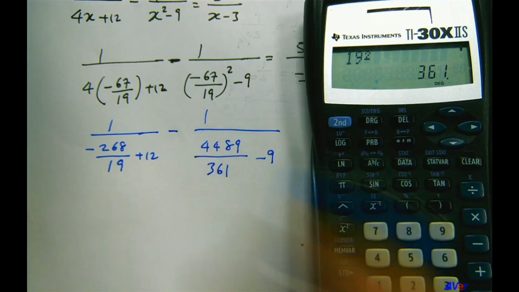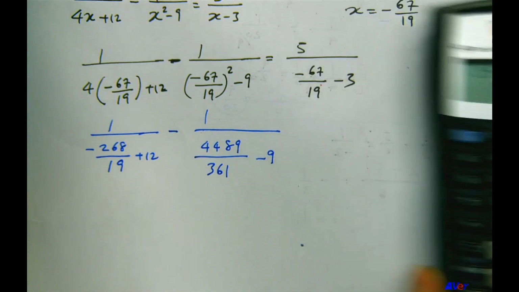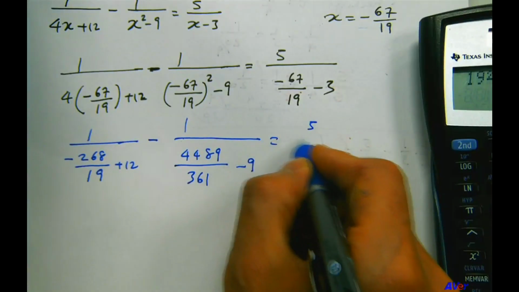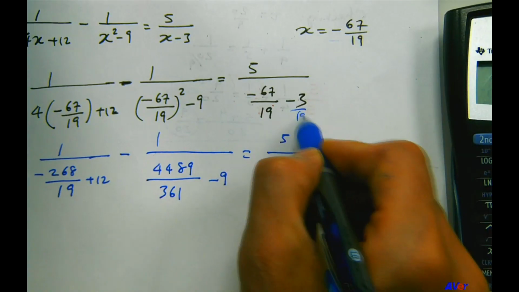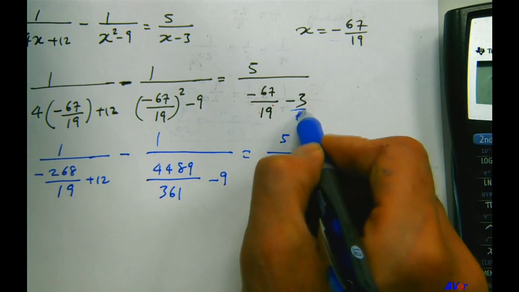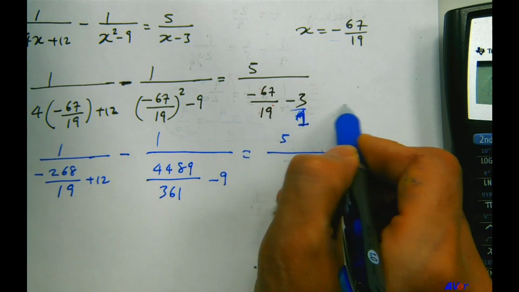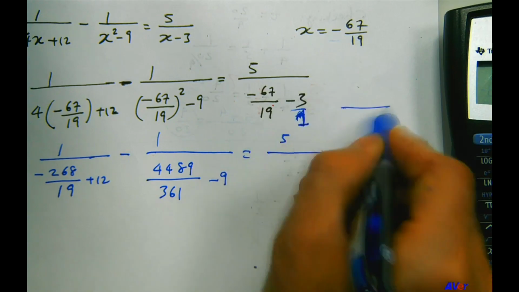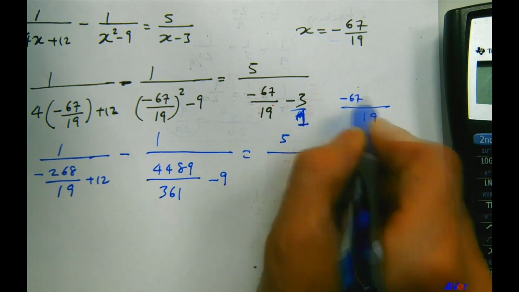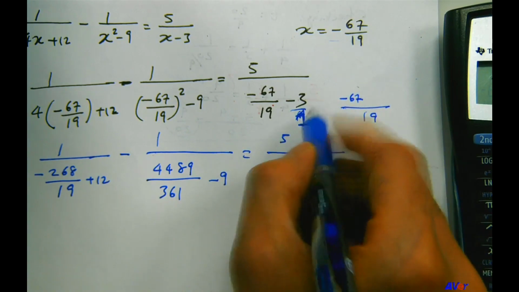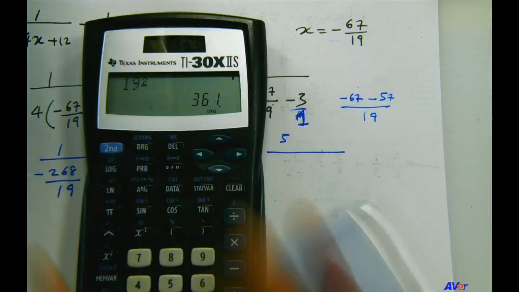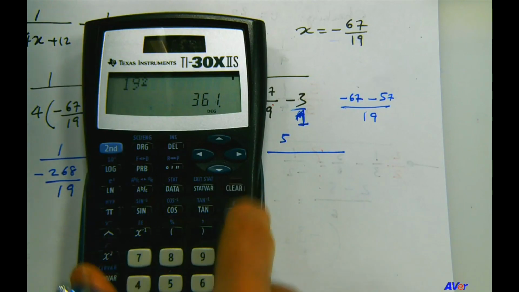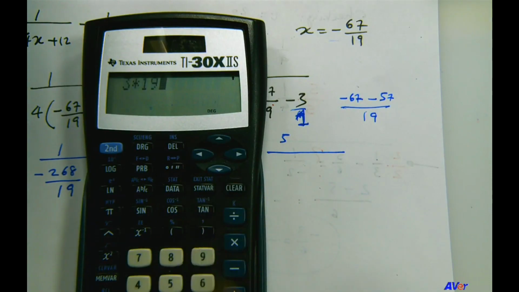Minus 9, okay, and then on the other side we have 5 divided by, well, let's take the common denominator here. So the denominator here is 1, so the common denominator would be 19. That would be 19 minus 67 and minus 57, right? 3 times 19, I believe, is 57.